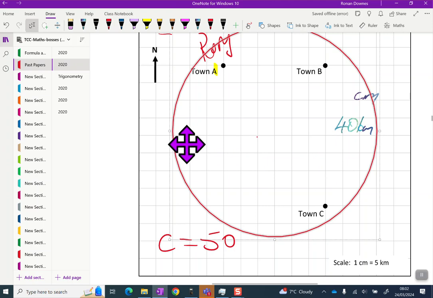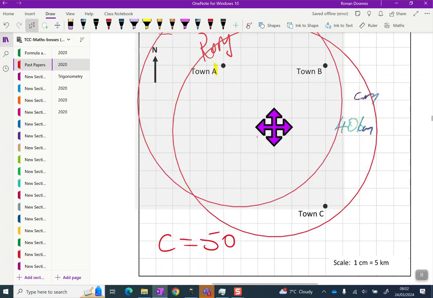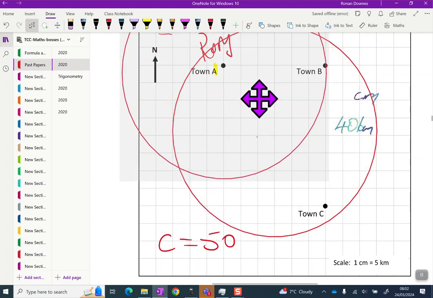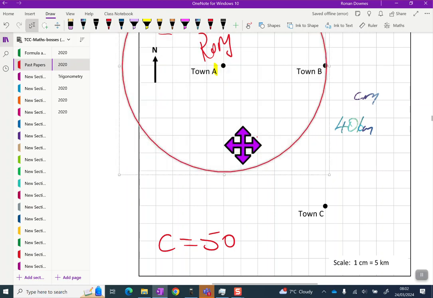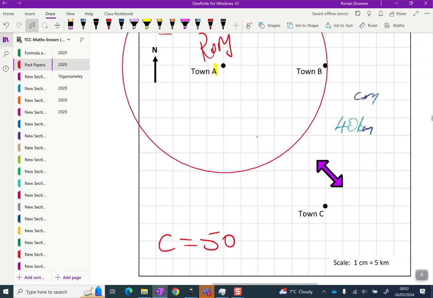Okay, so if I center that, it will be going through B because we knew that this was 30 kilometers. And it'll be going down 6 as well. 1, 2, 3, 4, 5, 6. Now it's about right. Okay, so that's the circle that Rory has to live within.